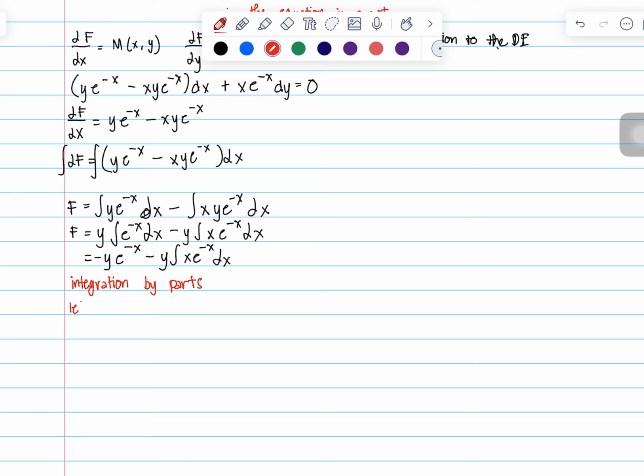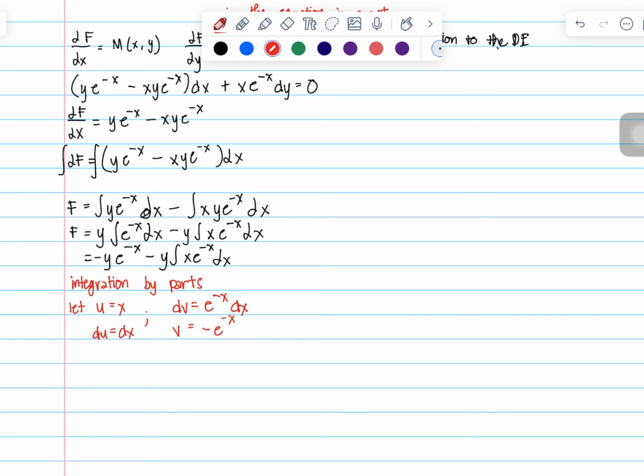Let u be x and du be dx, and let dv be e to the negative x dx and v be, what is the integral of e to the negative x? That is still basically negative e to the negative x. So that's how you get the v.